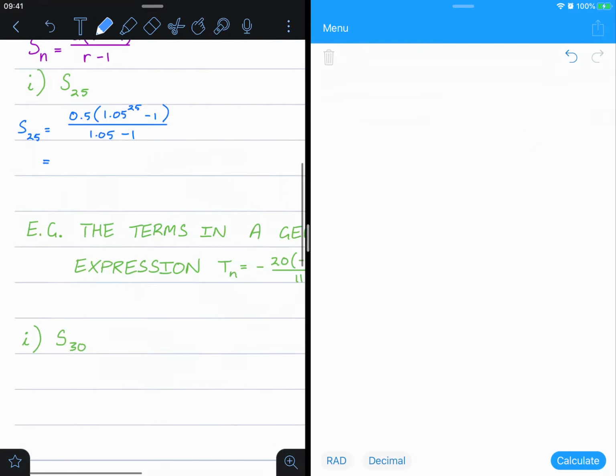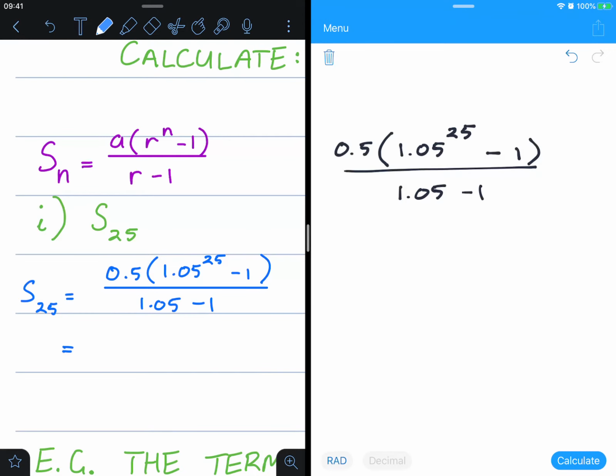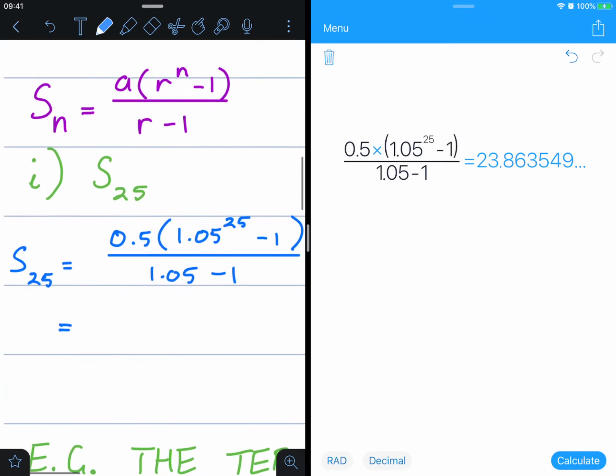Into our calculator: 0.5 times (1.05 to the power of 25 take away 1) all over 1.05 minus 1. I'm going to leave this as a fraction if I can. Nope, it won't let me.